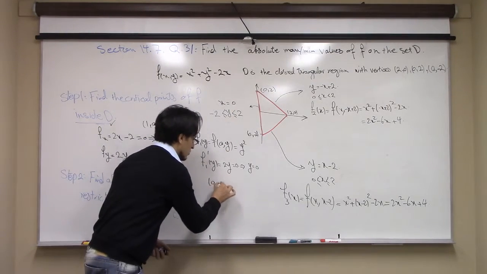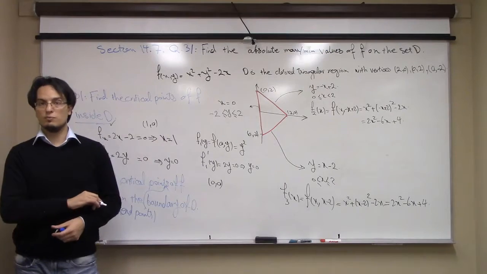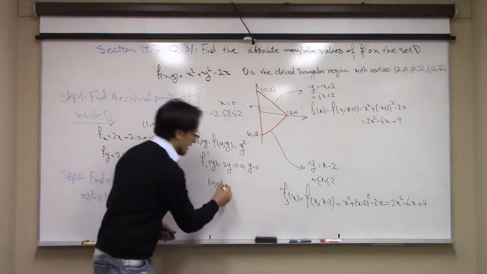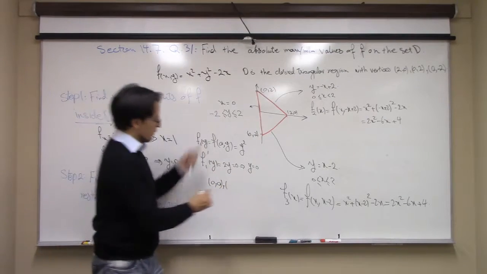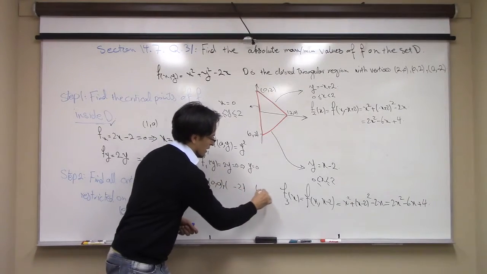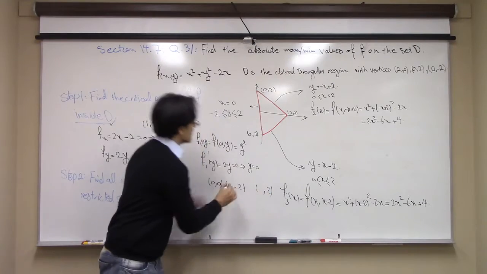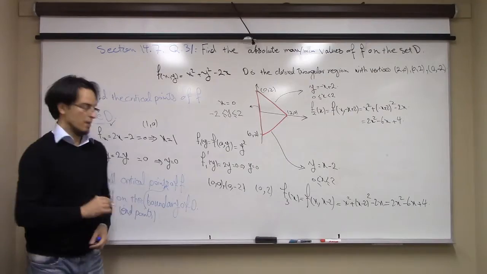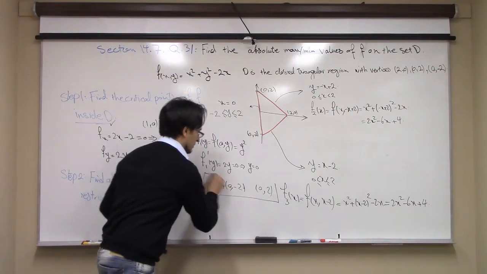So (0, 0) is the critical point of my function when I restrict to that piece. But I also have to add the endpoints. y is negative 2 or 2, and x on this piece, I know those are zeros. So I find 3 points here.